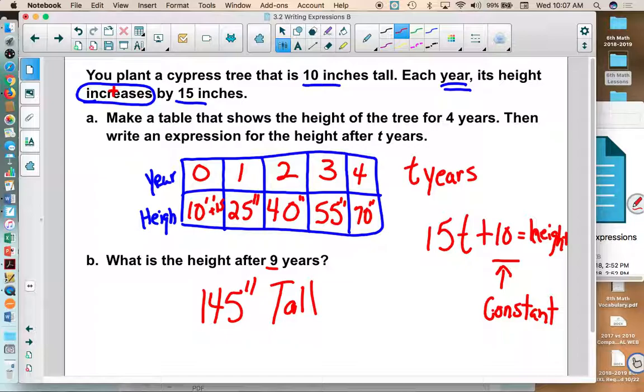Absolutely correct. We substituted the 9 for that T, and our expression became 15 times 9 plus 10. All we do is substitute the value in place of the variable and solve the equation.